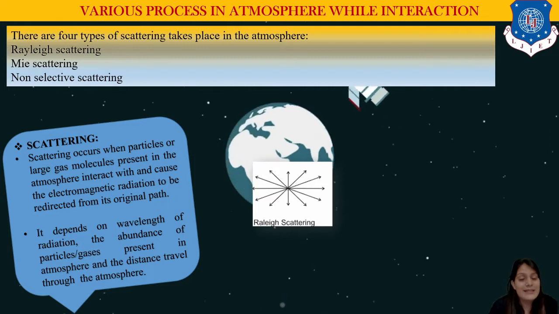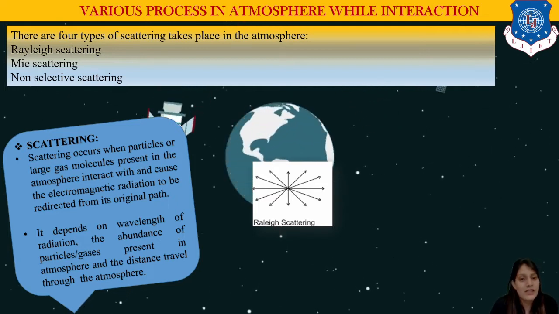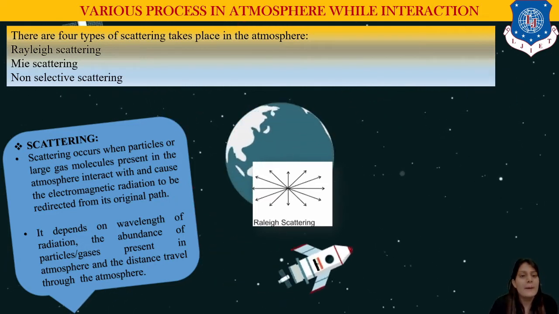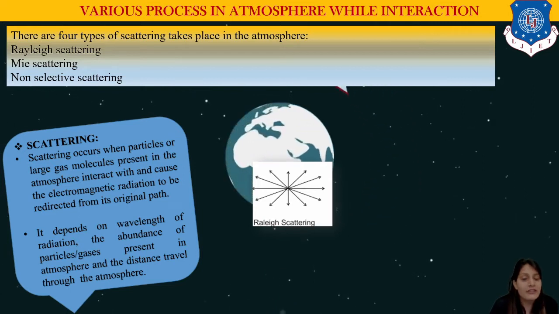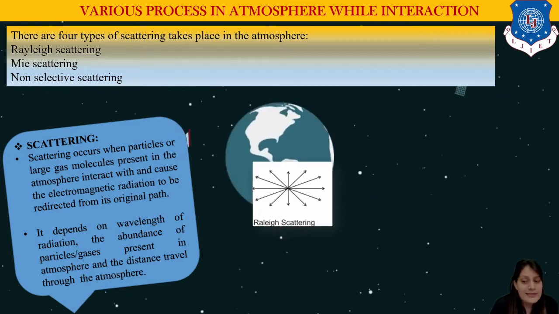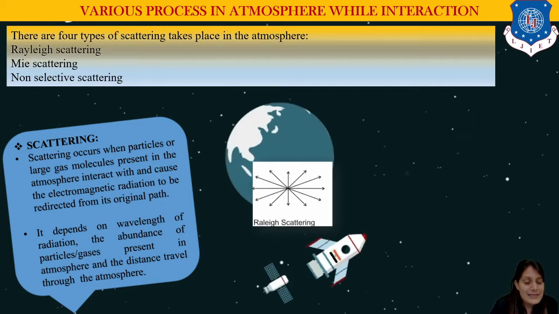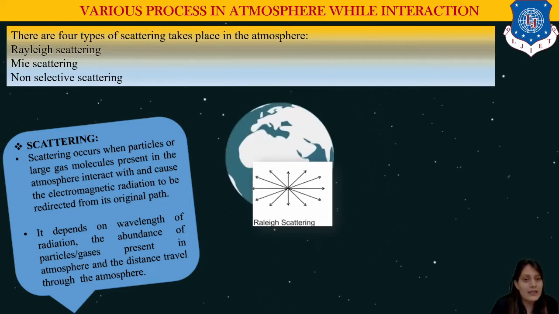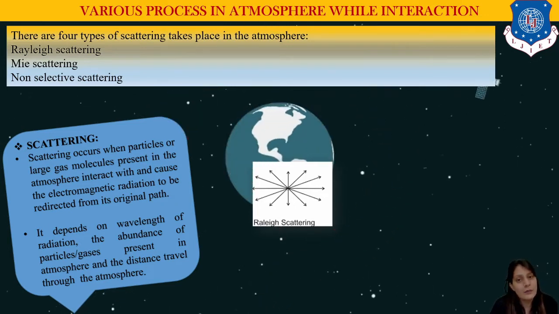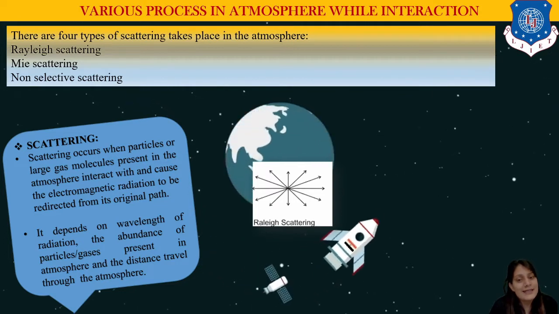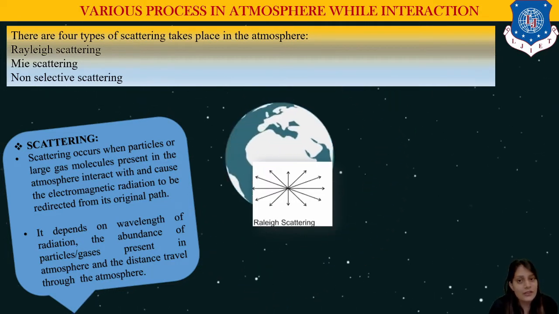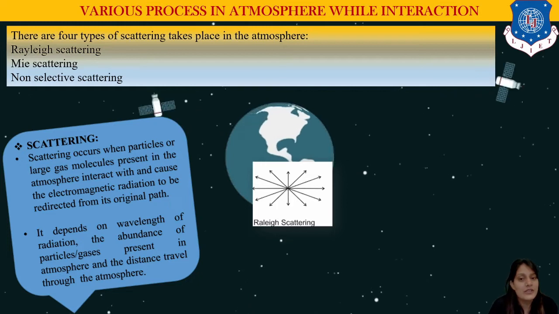That is known as scattering, the image which I have shown. It depends on the wavelength of radiation, the abundance of particles and gases present in the atmosphere, and the distance traveled through the atmosphere. This is known as scattering, the redirection of radiation from its original path.